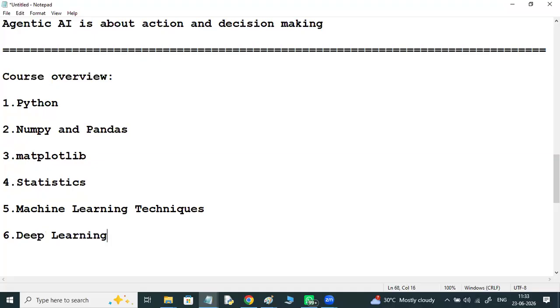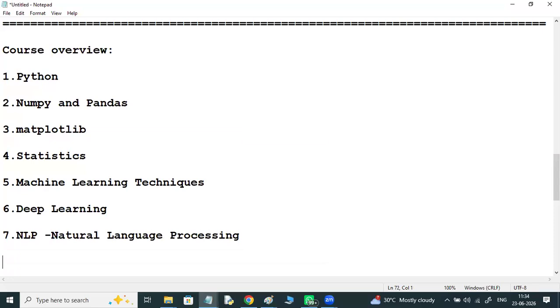Deep learning techniques, ANN, CNN, and also natural language processing, NLP, time series forecasting and analysis, right?